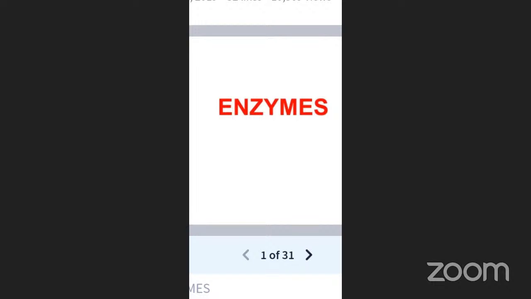Most trivial names are given based on the nature of the substrate involved and the nature of the catalyzed reaction. Most such names have the suffix ase, for example dehydrogenase, phosphatase, transferase, synthetase. According to the reactions they catalyze, there are different types of enzymes.